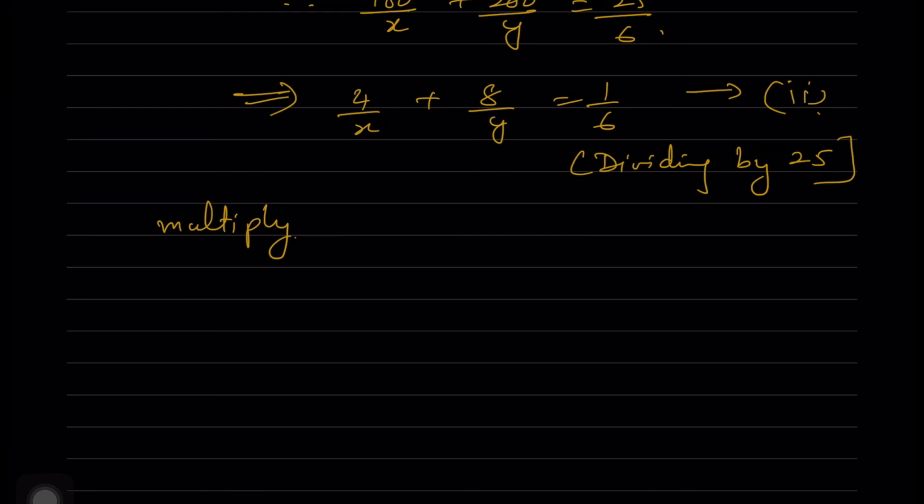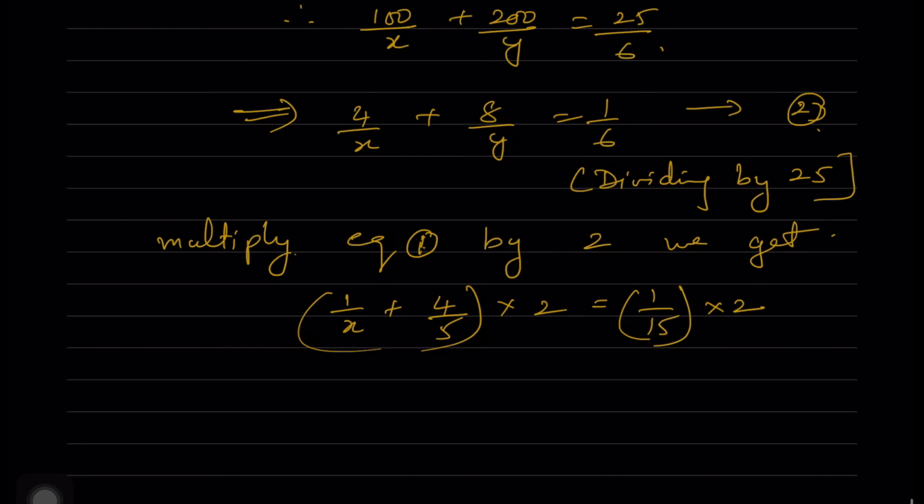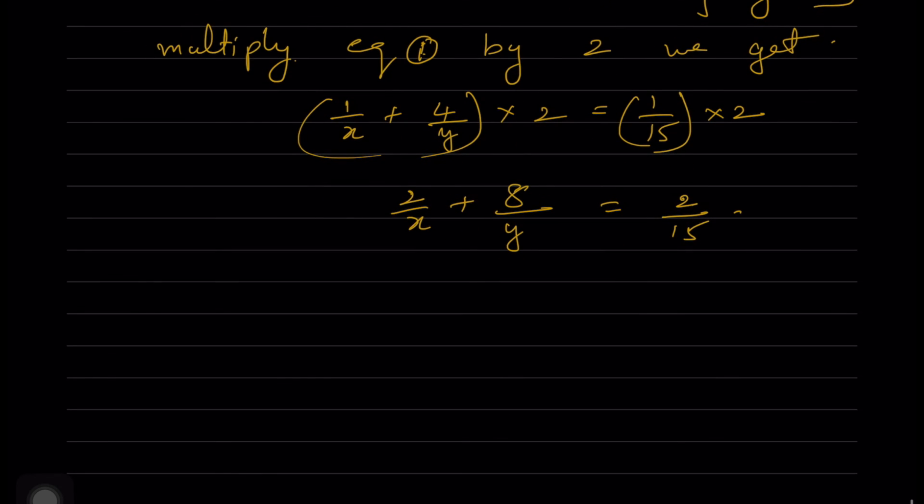Now you are naming the first equation and second equation. Multiply equation 1 by 2, we get equation 3: 1 by x plus 4 by y into 2, which is equal to 2 by x plus 8 by y is equal to 2 by 15.